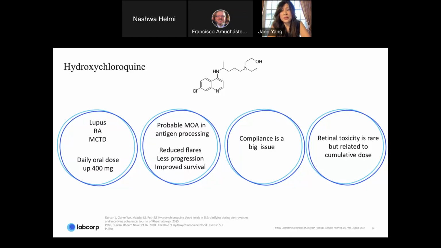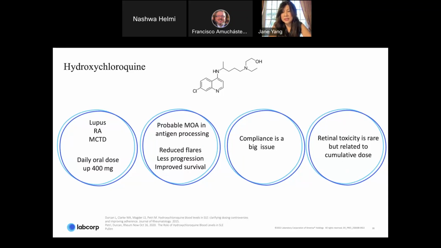Reasons for non-adherence include perceived inefficacy, forgetfulness, and concerns about skin hyperpigmentation and retinopathy. Retinal toxicity that leads to blindness is actually very rare, but it seems to occur based on the cumulative exposure to hydroxychloroquine over years and decades.